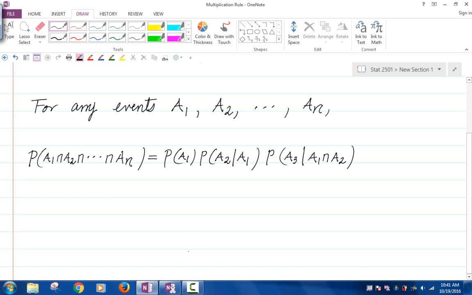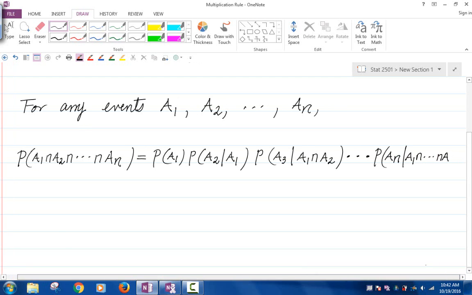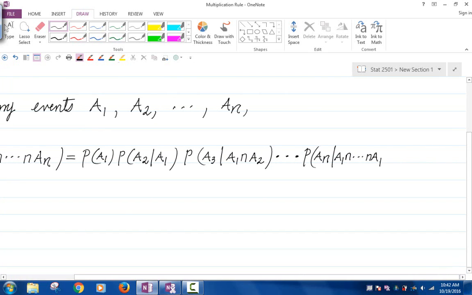What will be the next one? Probability of A4 given A3, yeah, good. So the last term will be the probability of AN given the intersection of A1 up to AN minus 1.